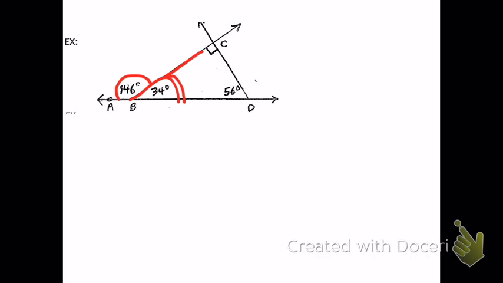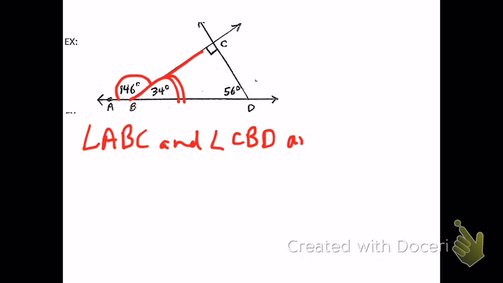So angle ABC and angle CBD are adjacent. They're touching.